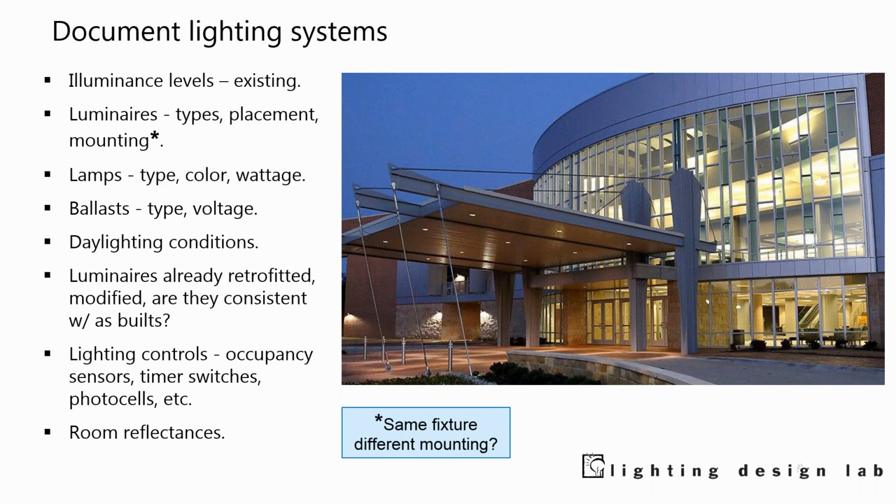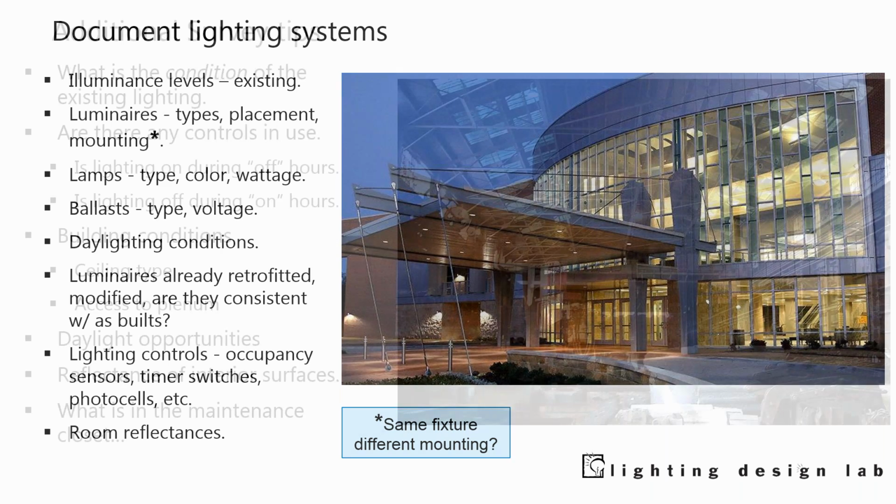To me, that seems like a fairly new building. It may have been retrofitted once or even twice since then. So the as-built may not be quite as helpful as you think. And then look at the controls that are in use, and also look at room reflectances, and we'll talk about that as we go.